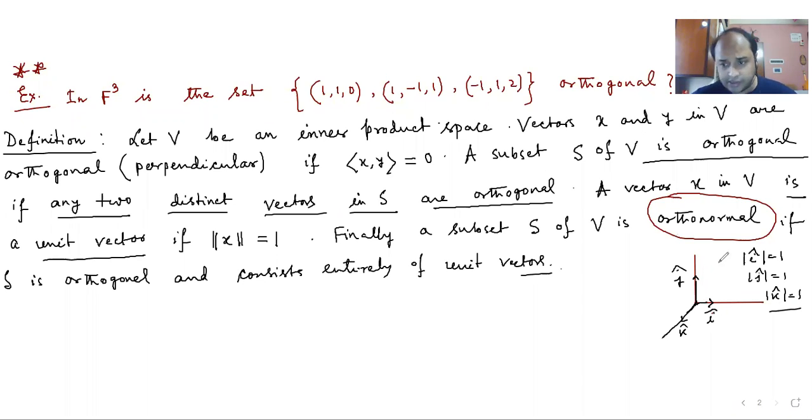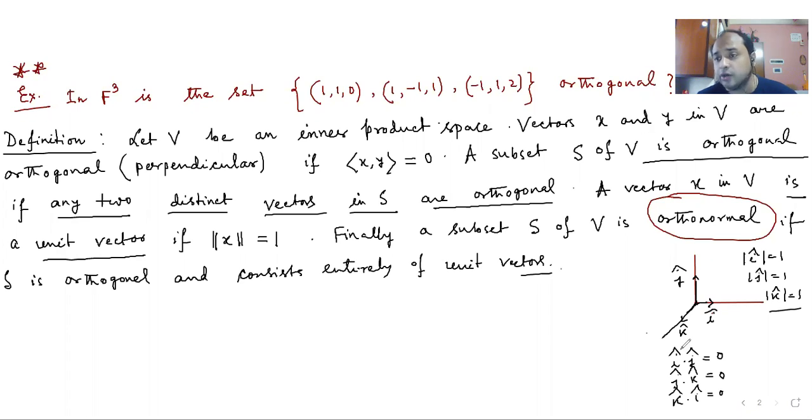Okay, we knew this. We also know that i dot j is equal to 0 because i and j are perpendicular. j dot k is equal to 0 because they are perpendicular. k dot i equals 0. They are perpendicular.